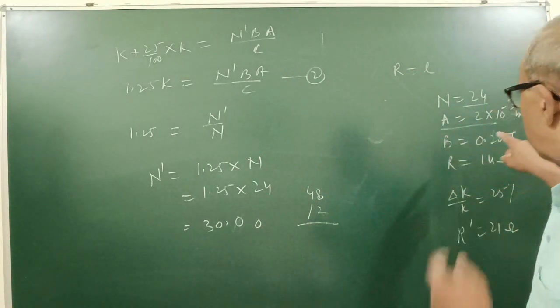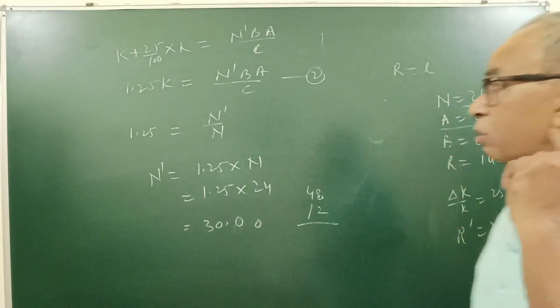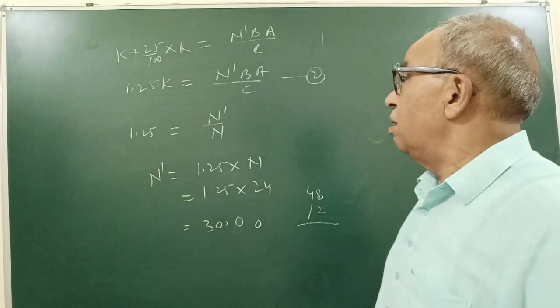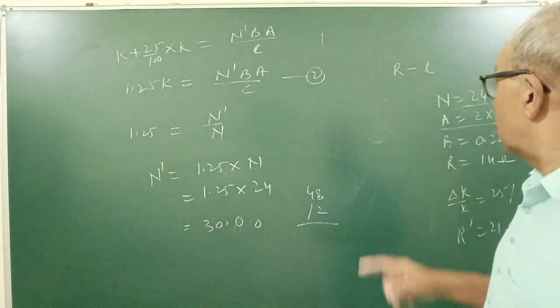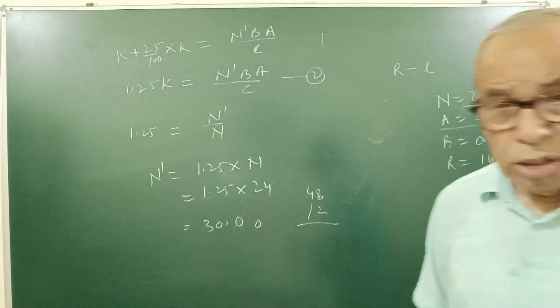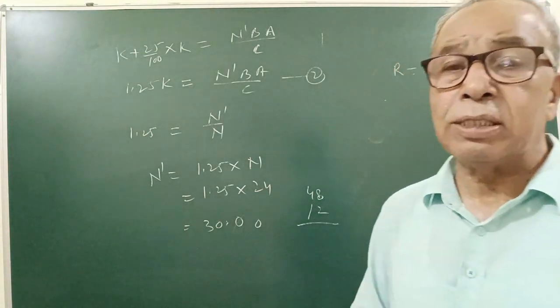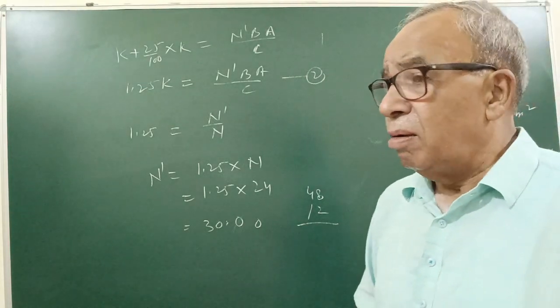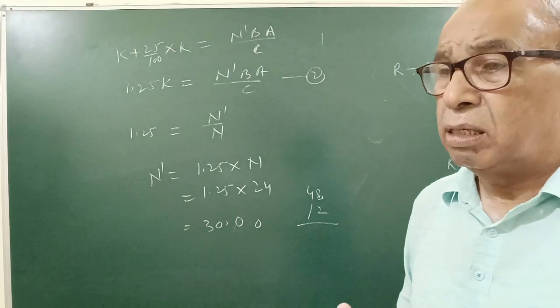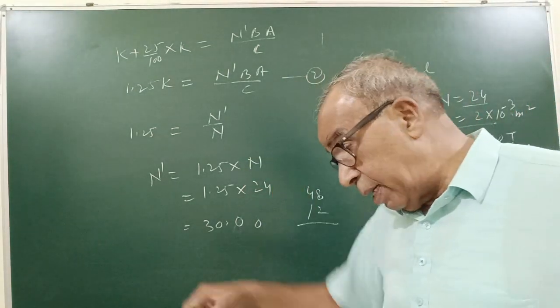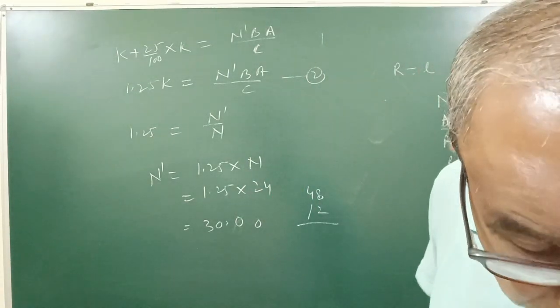Originally it had 24, so to increase current sensitivity by 25%, we should have a total of 30 turns. This is the simplest method, dear students. Please make sure to improve your arithmetic skills. Percentages are determined only of the initial value.